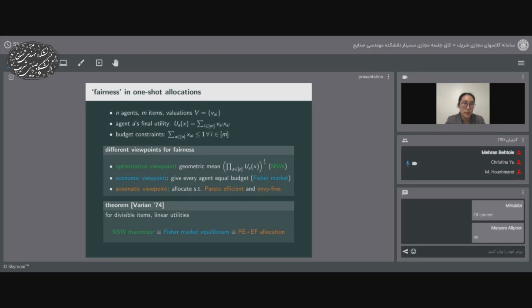So this is a very beautiful result that shows that under this setting, with divisible items and linear utilities, we can find a fair allocation that satisfies the properties we want. And furthermore, with this Nash social welfare, this geometric mean, when you have linear utilities, solving for the allocation that optimizes this can be reduced to solving a convex program.